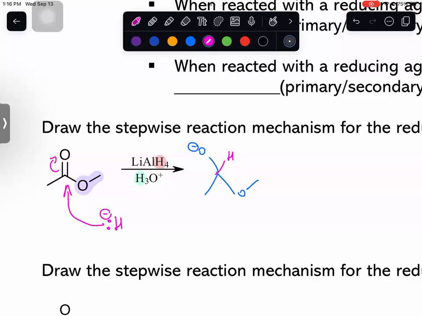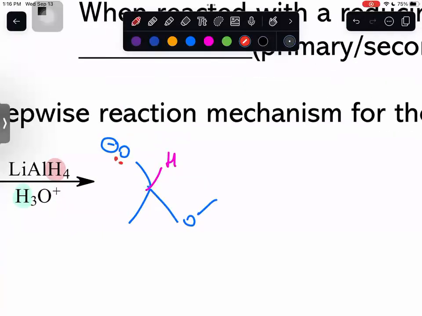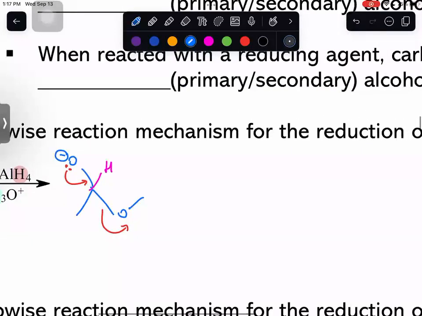With ketones and aldehydes, we saw that it was just an acid-base reaction, right? But in this case, because we have that leaving group, we're not going to be doing that quite yet. What's going to happen is that you're going to gain back the sp2 configuration. How? The lone pairs on that oxygen are going to go back down to reform the double bond, and that's going to kick out your leaving group. So once you do that, what kind of functional group is going to be created?